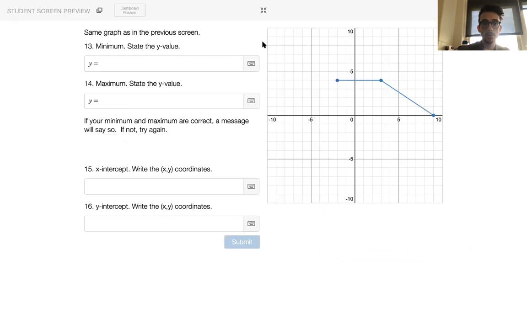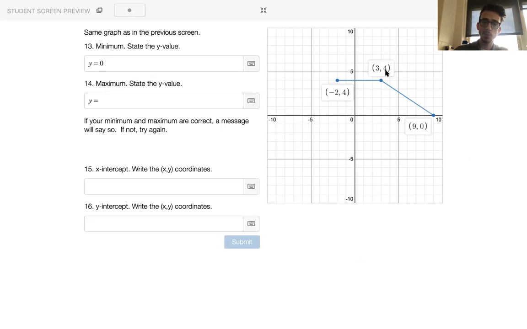Taking this further, talking a little bit more about this function, our minimum, state the y value. Our minimum occurs way down here. This is the lowest value where y equals 0. Notice lowest point's 9, 0, so the y value is 0. Highest, the maximum, the most elevated could occur here or anywhere in between.